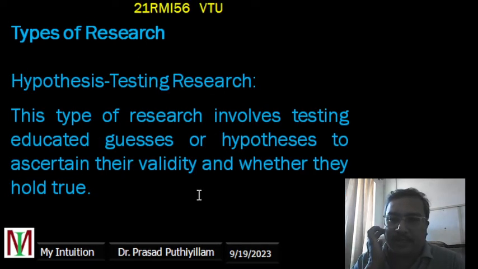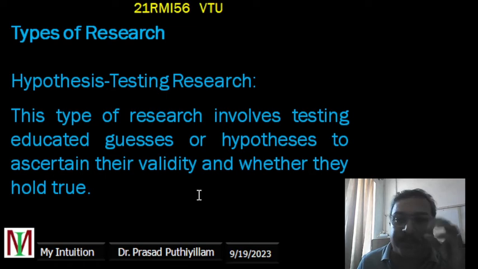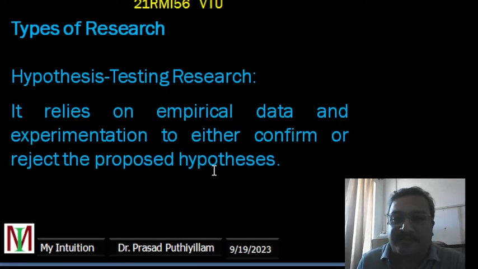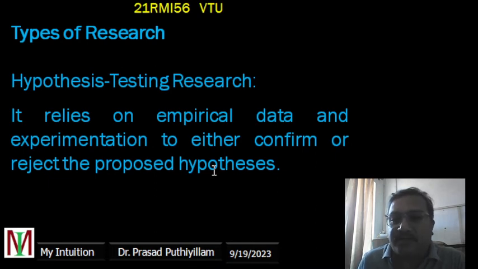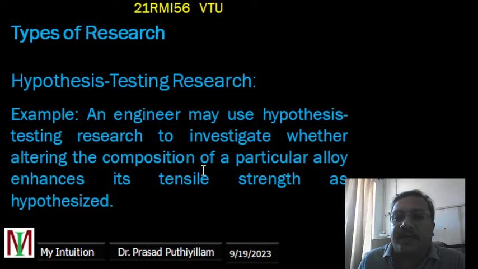Hypothesis testing research. This type of research involves testing educated guesses, or hypotheses, to ascertain their validity and whether they hold true. It relies on empirical data and experimentation to either confirm or reject the proposed hypothesis. For example, an engineer may use hypothesis testing research to investigate whether altering the composition of a particular alloy enhances its tensile strength as hypothesized.